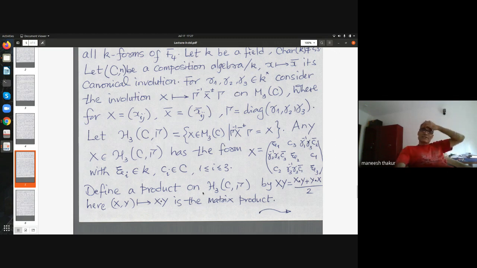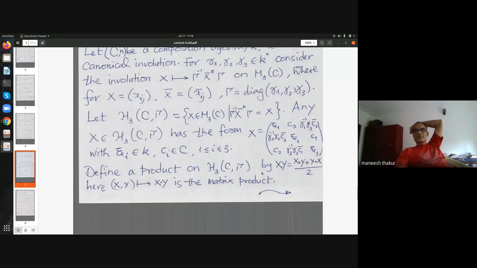On this space of Hermitian matrices, we define a product: if I denote the usual matrix product by x dot y, then I define the new product xy to be (x dot y plus y dot x) divided by 2. Though I have assumed the characteristic is different from 2 because the product looks simpler here, in general there is a way to define these ideas, but I'm not going into that.